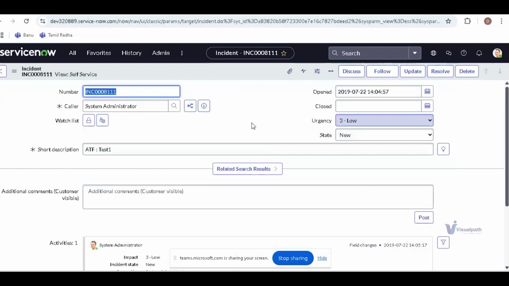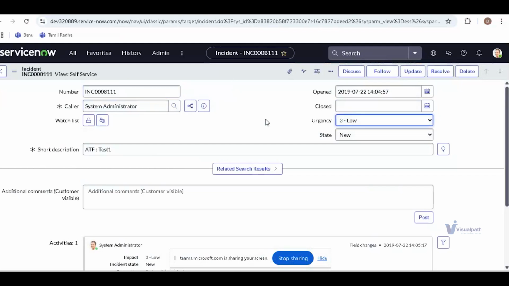And whenever something changes here, some other field has to show a different value. Those things are the logics on the client side.